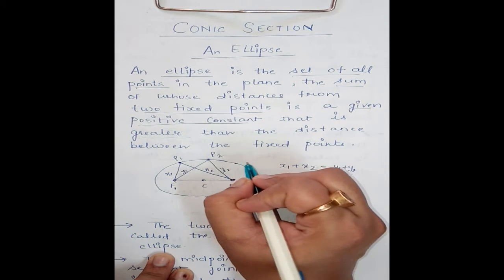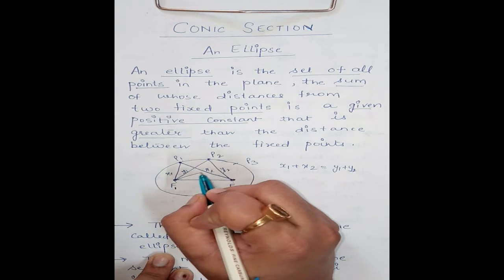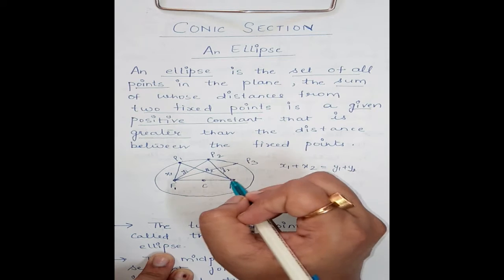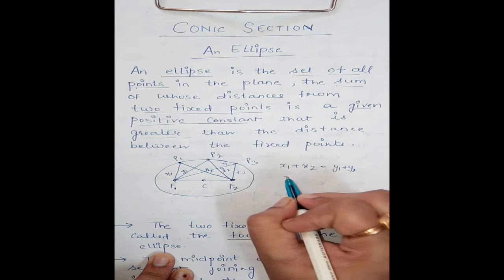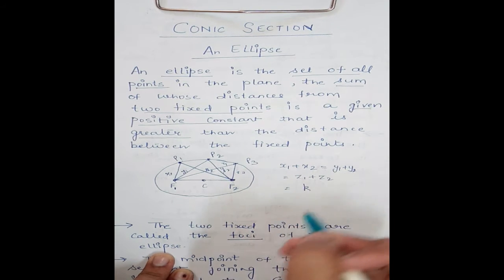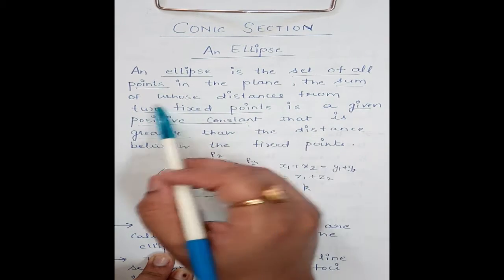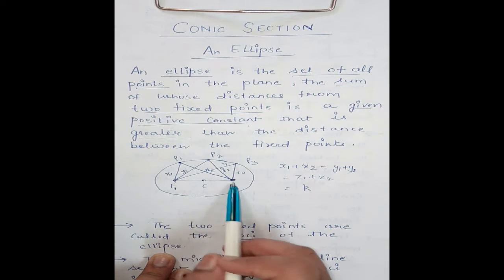If we take another third point P3, then the distance of P3 from F1 plus the distance of P3 from F2, let it be Z1 plus Z2, is equal to the same given positive constant, the sum of whose distances from the two fixed points F1 and F2.